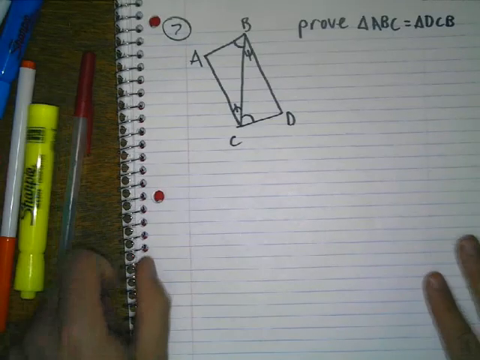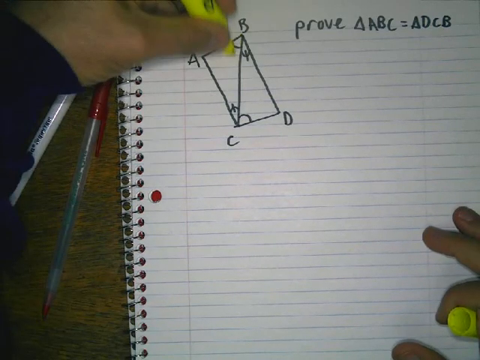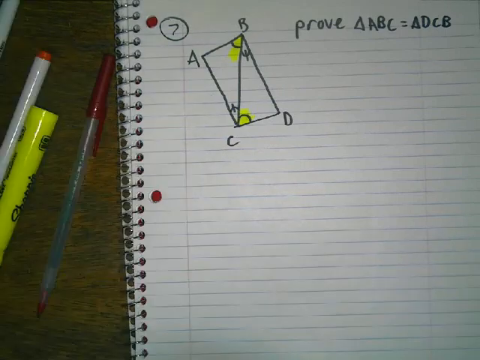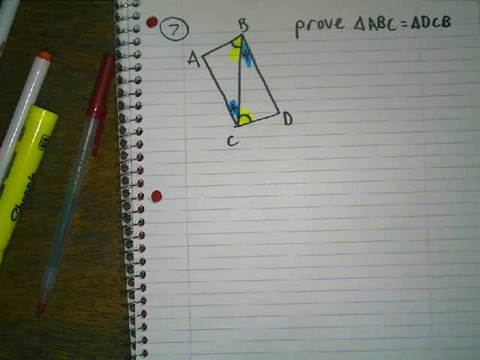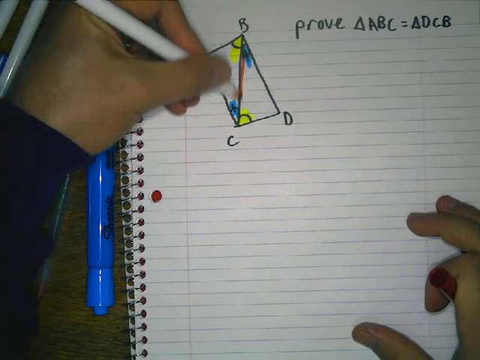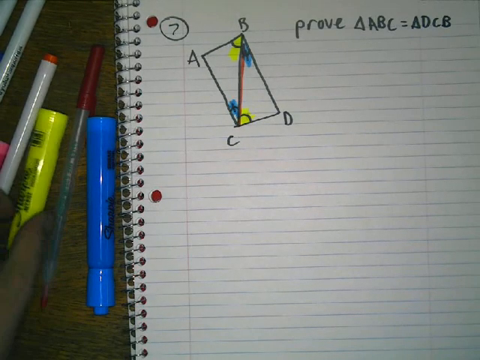Okay, this one we'll be able to do. So this angle here is congruent to this one because it's marked and given. This one's congruent to this one here because it's marked and given, and they share a side. It's very similar to the other ones we just did. So let's do the yellow one first.